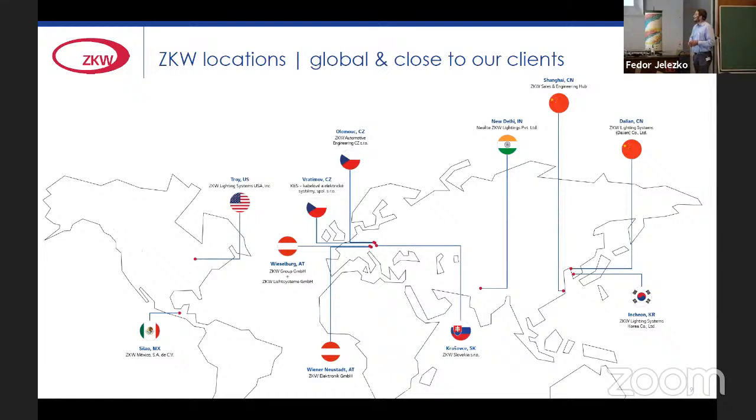The sites around the world, there are plenty. From Mexico to Slovakia, the US, Korea, China, yeah, even in India, there's a small sidestep of our company. So there are many places around the world, and in many places we produce headlamps on the one hand, and on the other hand, we're developing those.